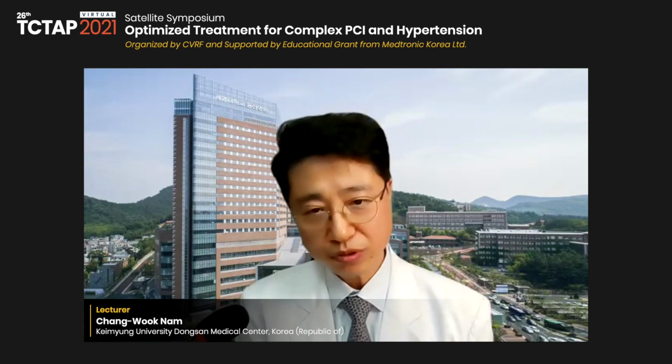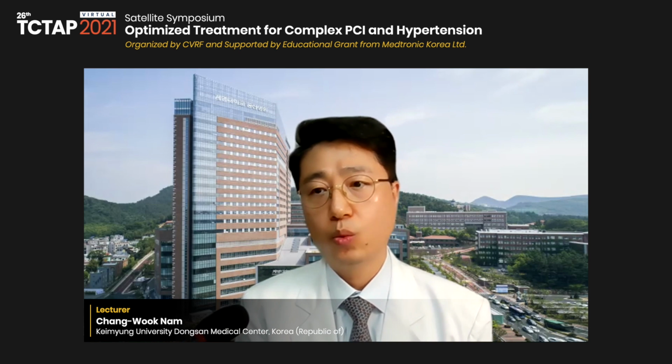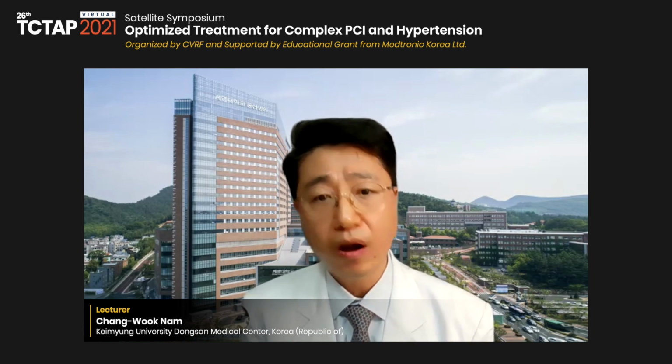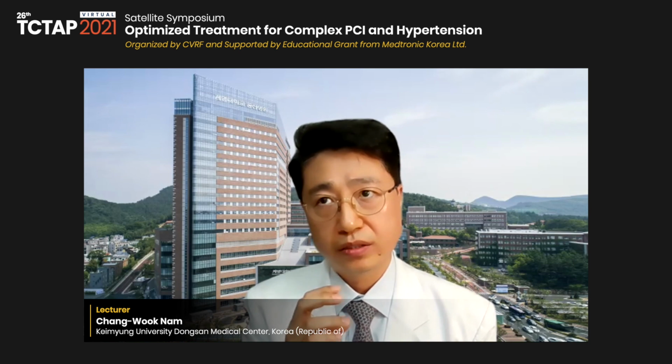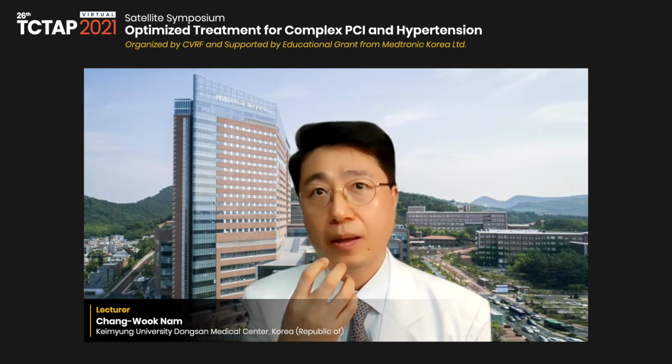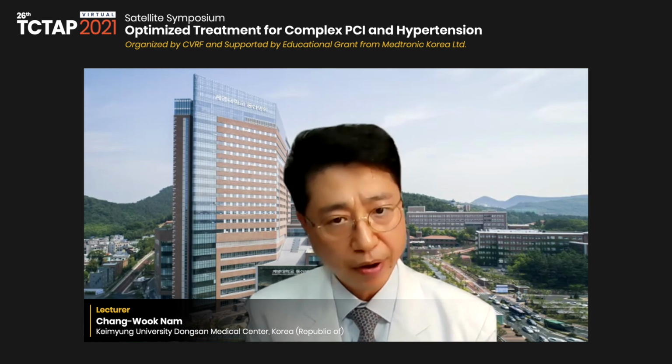Yes, that's a very important question. Still, we don't have real large randomized clinical data, but the importance of POT is not just after kissing and re-POT. POT is a nomenclature, proximal optimization. Enough lumen gain of the proximal part is very important.